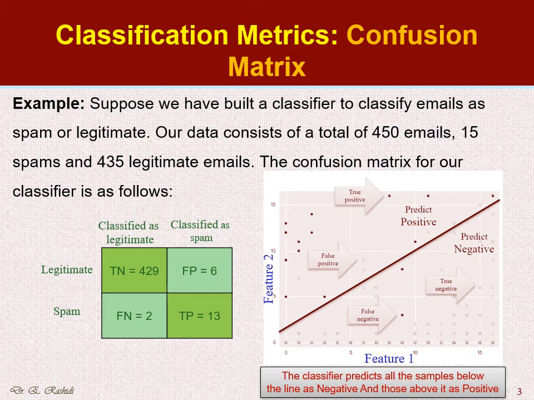So we have 429 true negative and 13 true positive. So these are our total correct predictions out of the 450 predictions that we have here. So we can find the accuracy score here. The accuracy score is about 98%.